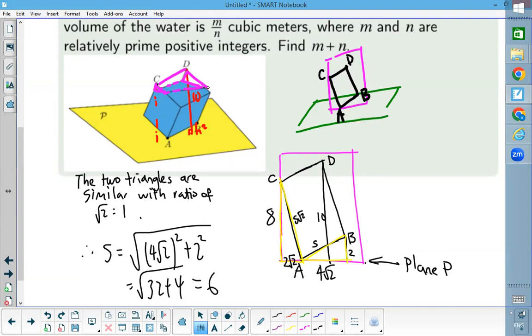How do you find the volume of that? The idea is you extend it to get a bigger pyramid. You take a bigger pyramid and subtract the small pyramid. That's how you get the volume of that air.